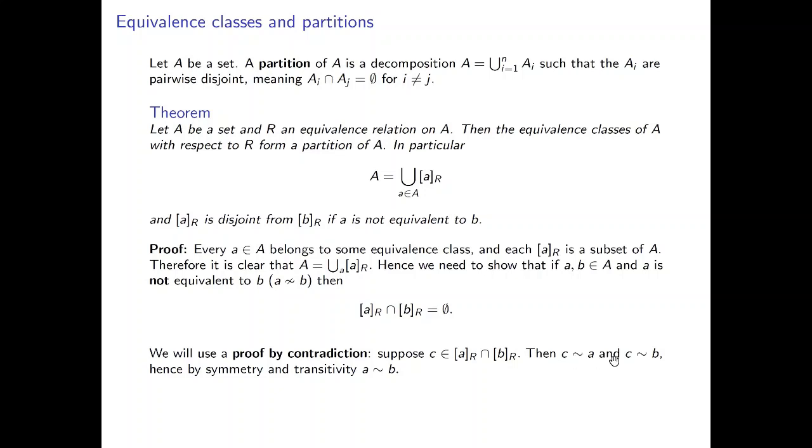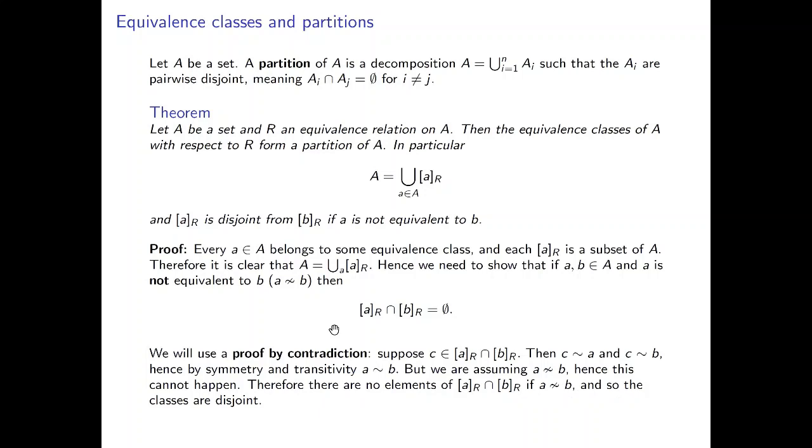But remember that this relation is symmetric and transitive, and therefore A has to be related to C by symmetry, but then since A is related to C and C is related to B, by transitivity, that would imply that A is related to B. But we're assuming that A is not related to B, and therefore this leads to a contradiction. And so it follows that there can be no element in the intersection, so the intersection has to be empty, and the two classes are disjoint. Right, and so that's what we wanted to prove.